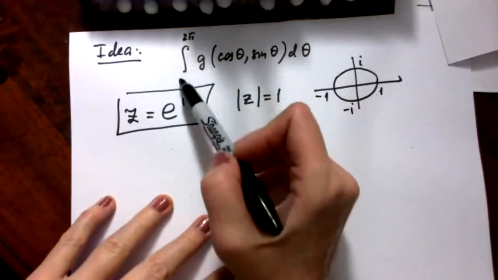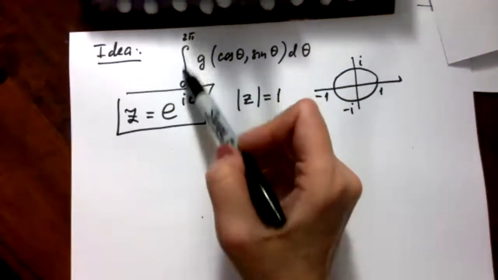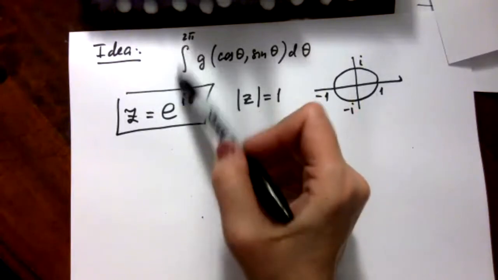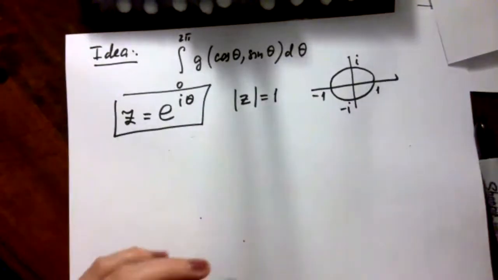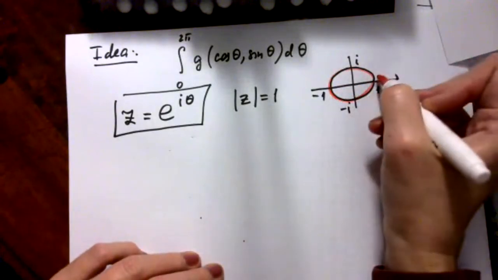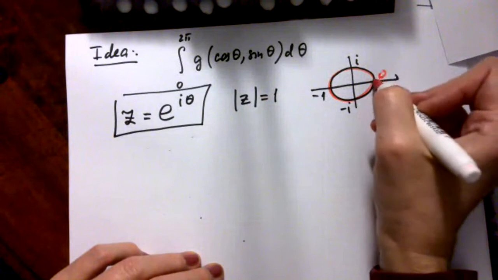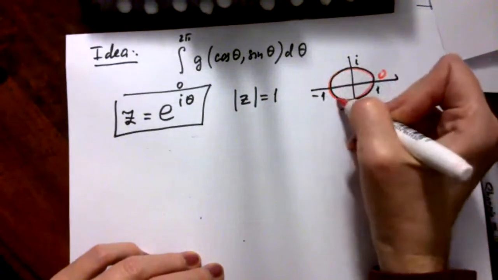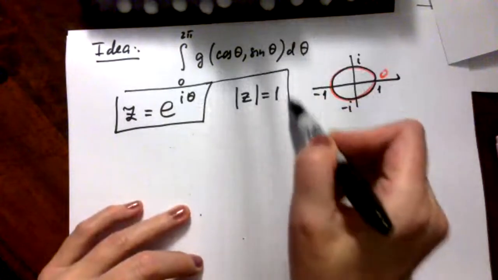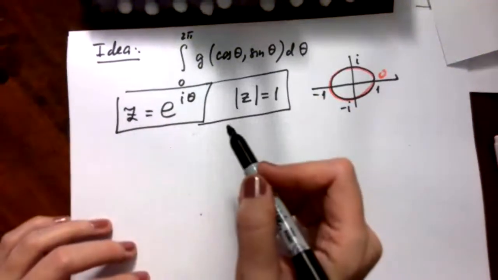If you look at these limits of integration, you realize that theta changes from 0 to 2 pi. And that is why, if you decide to use this circle as a contour of the integral, theta exactly changes from 0 to 2 pi. That is why this idea of using the contour seems to be justified.